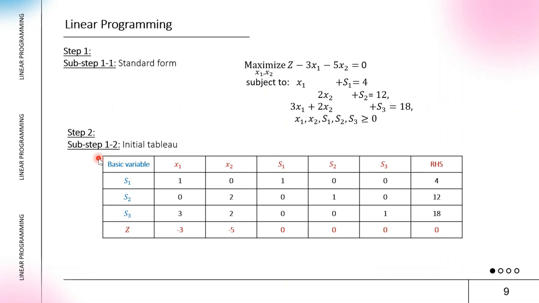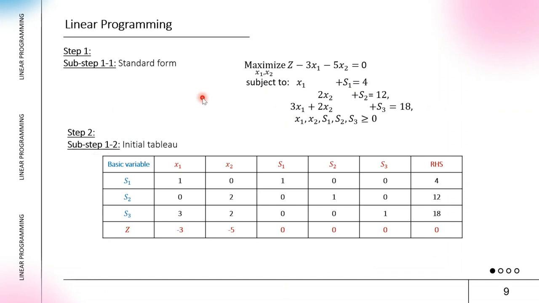We start with step 1, converting to the standard form and initial simplex table. The first substep of step 1 in the simplex method is to rewrite the optimization problem in a standard form. We have three inequality constraints in the form of lower than or equal to something.